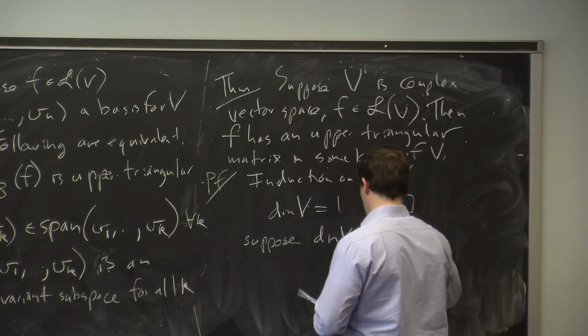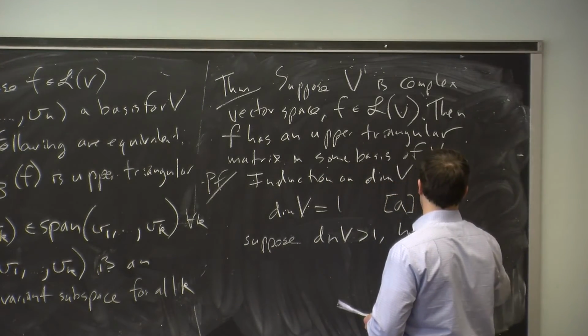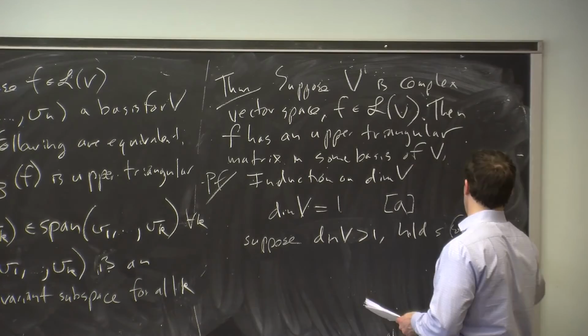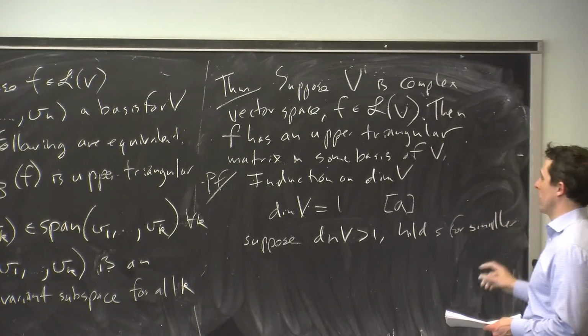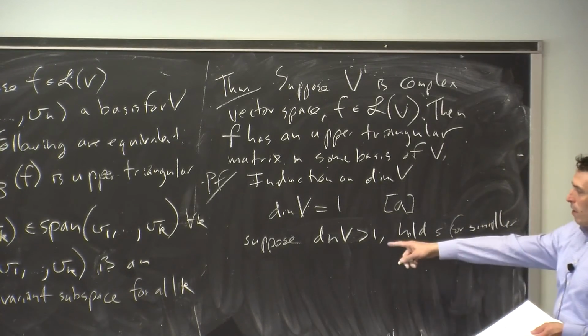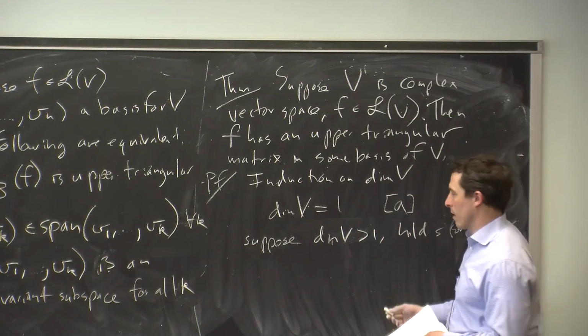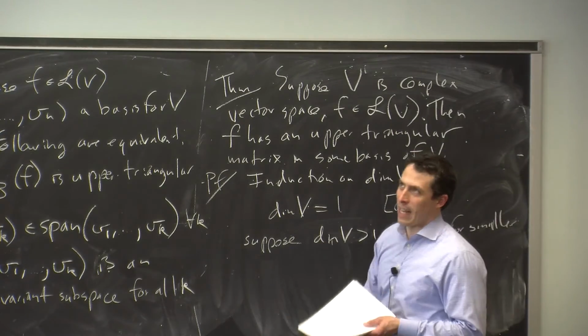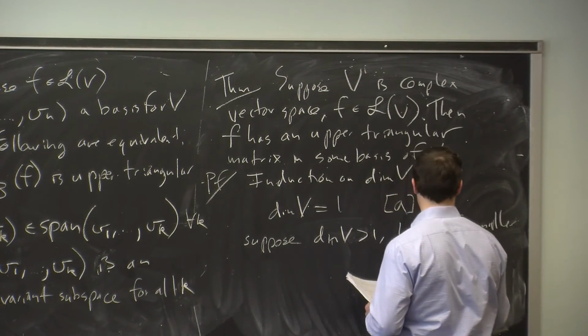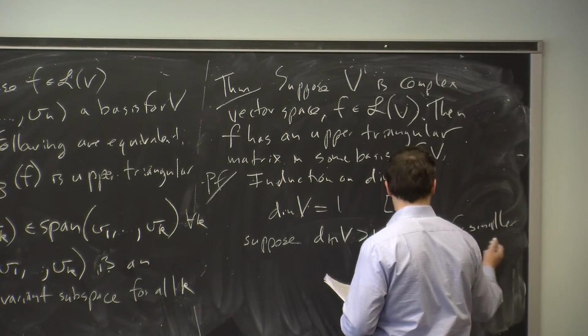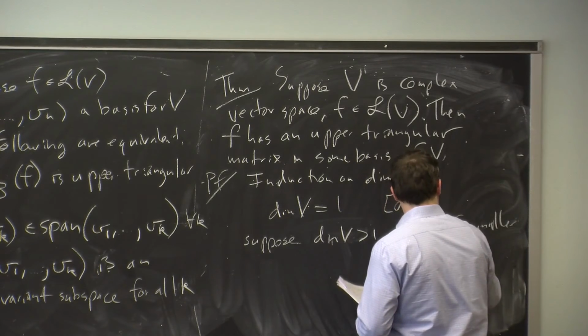Now suppose that the dimension is bigger than 1, and it holds for all smaller dimensions. So that's our induction hypothesis. That is, for any smaller dimension, every linear transformation has a basis which makes it upper triangular.